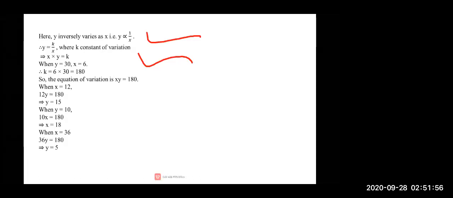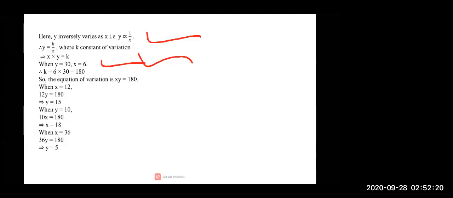When you apply the formula x multiplied by y equals k, x is 6 and y is 30. So 6 multiplied by 30 equals 180. So here our constant we got is 180.